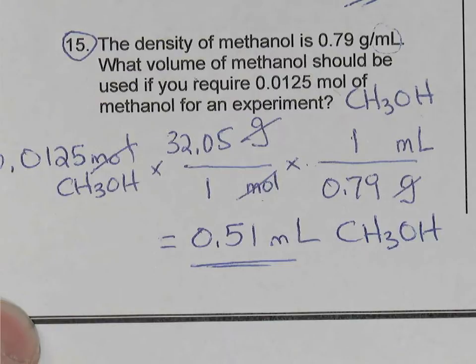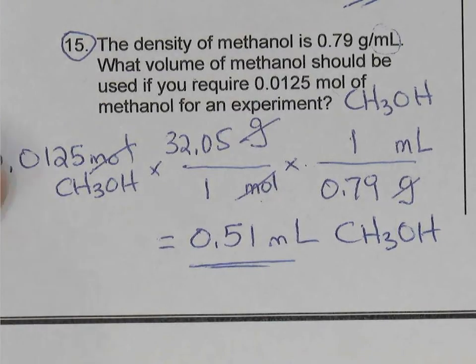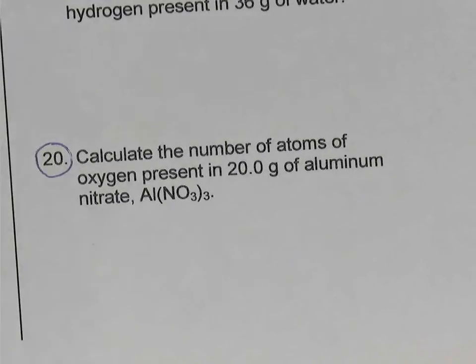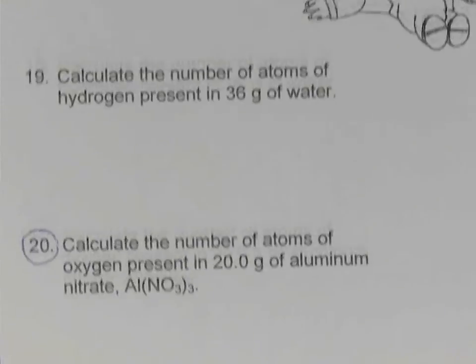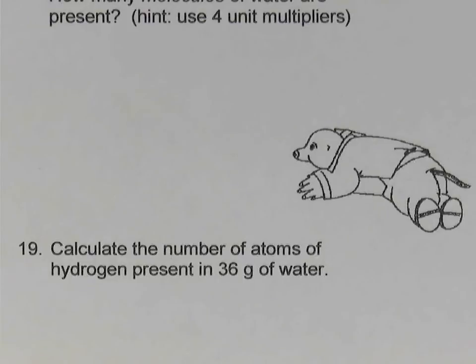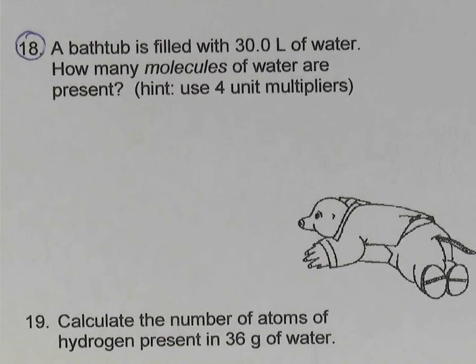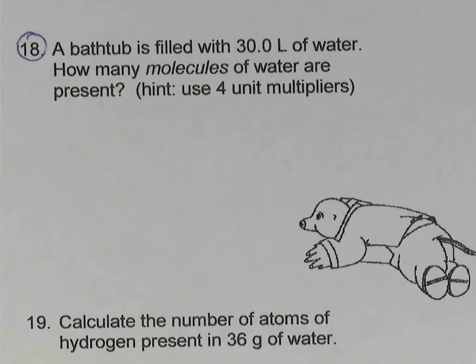All right, let's do one more, well, maybe 2 more questions here from this worksheet. Question number 18 is one that's going to talk about molecules of water. So you have a bathtub with 30 liters of water, 30.0 liters of water. How many molecules of water are in that bathtub?